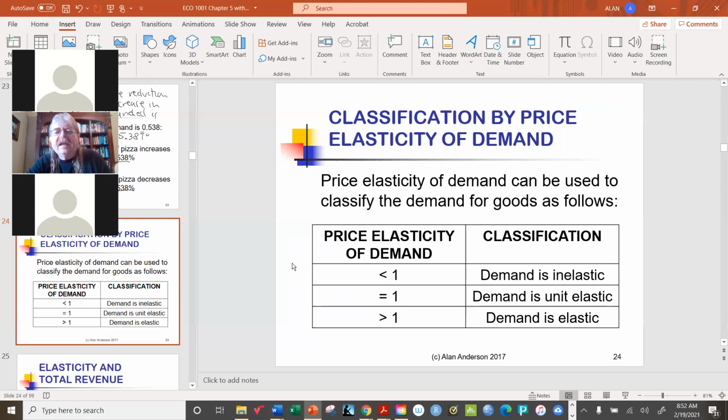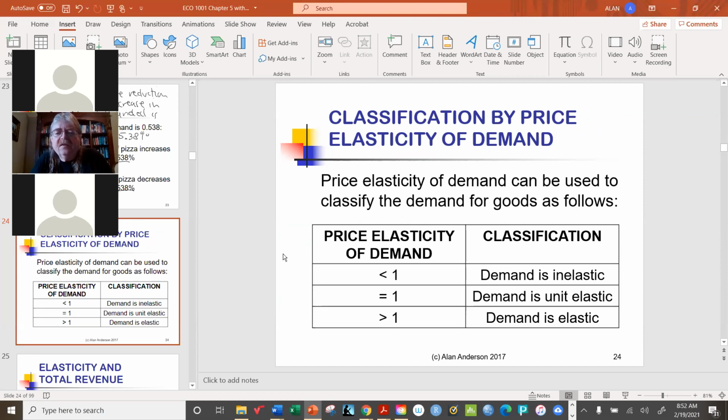Now, here's the classification. All the elasticities have a classification, so you can tell what the numbers actually mean. Given that we're ignoring the sign, for the price elasticity of demand, the three numbers that matter are, is this number less than 1? Is it equal to 1? Or is it greater than 1?